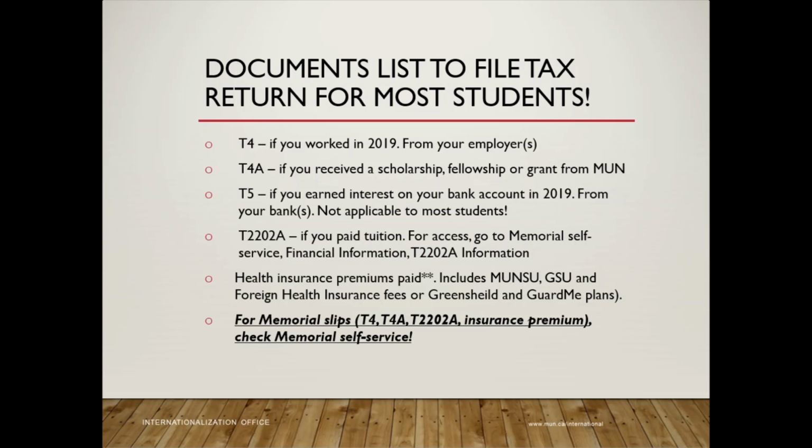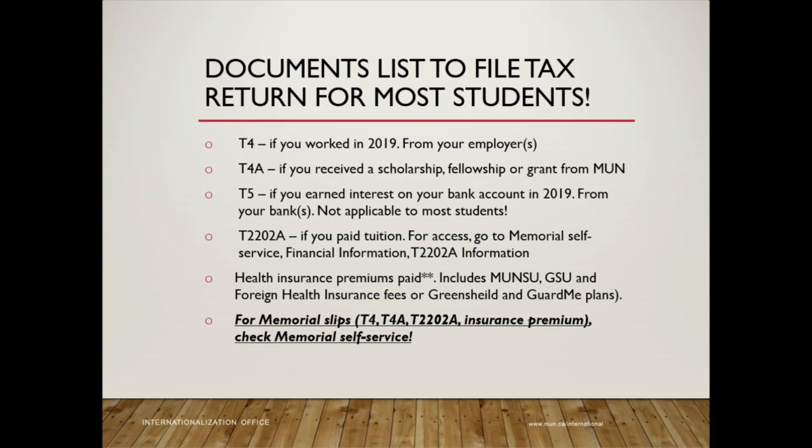The T5, which is for interest earned on your bank account in 2019. There are multiple ways you can get a T5 issued, but for most students it's generally the interest earned in the bank account. Now it's not applicable to most students because most students don't make that much interest income on the amount in their accounts, so you may not get it.